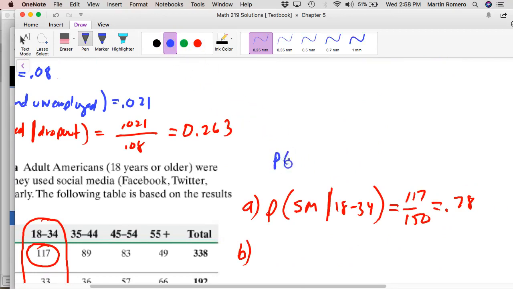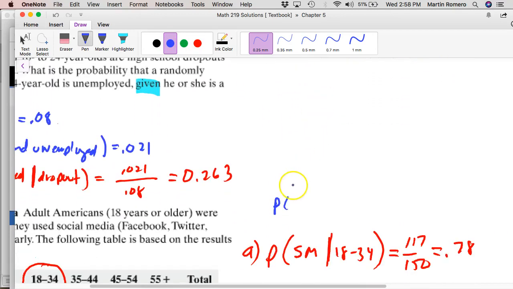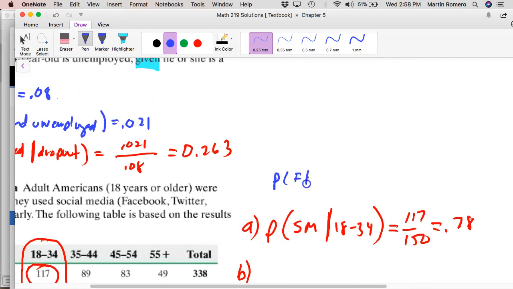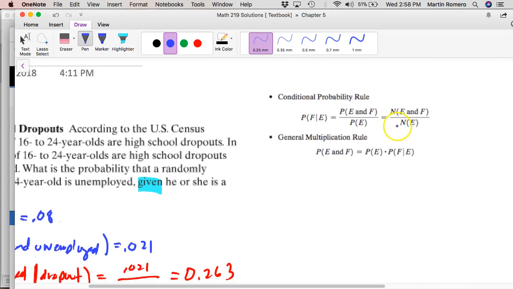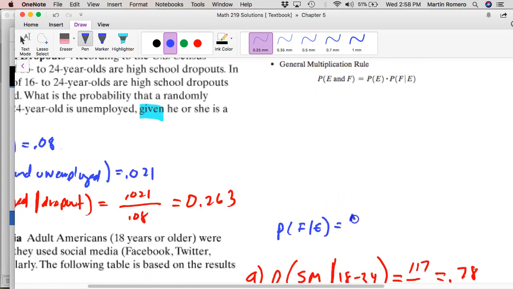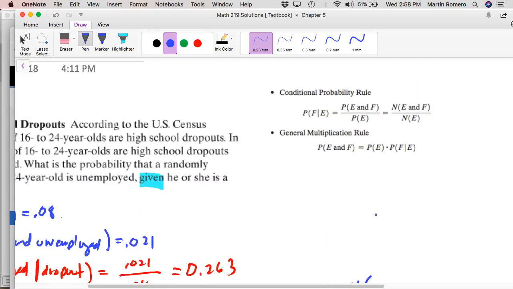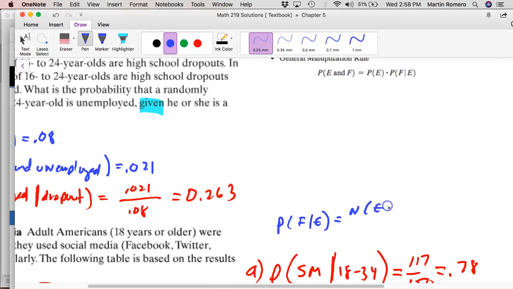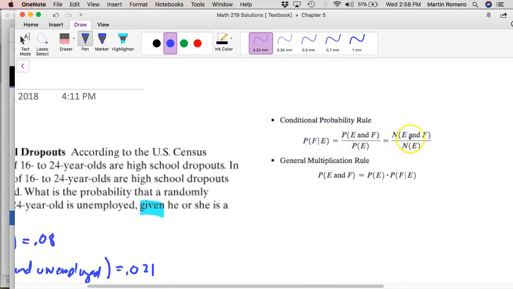The probability of F occurring, given that E has already occurred. You look at the formula here. We can also determine it by the number that are in E and F divided by the total number that are in E. And that's the formula we have here.